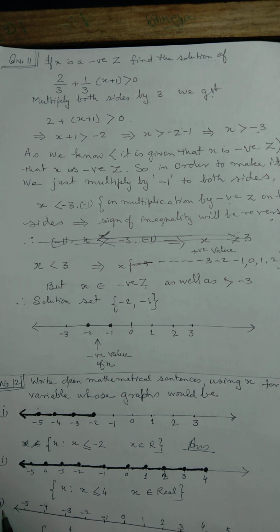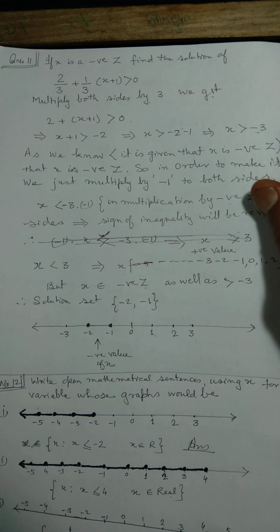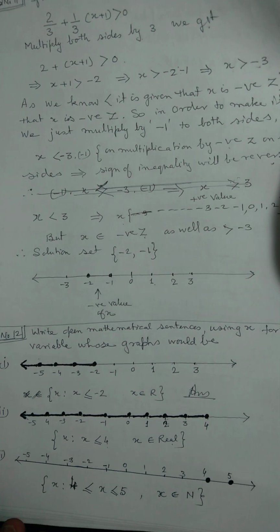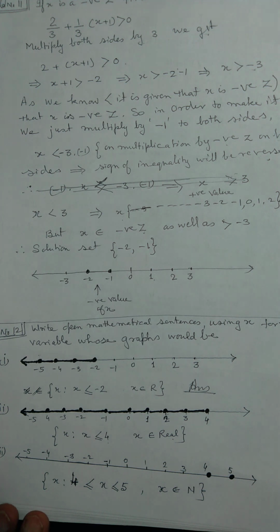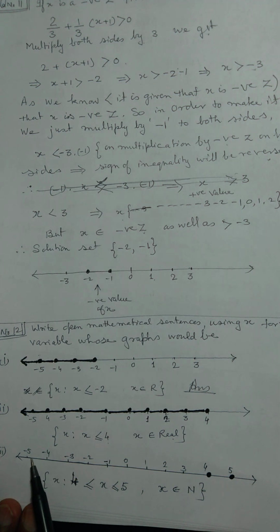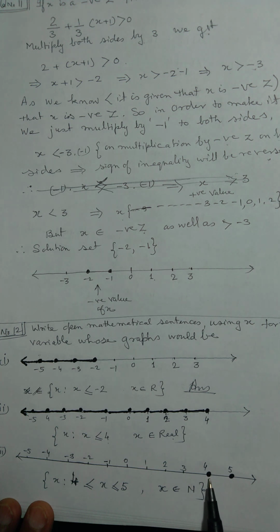Now come to the third part. You see the points mentioned are 4 and 5. So 4 is less than or equal to x, because it is darkened, means 4 is included, and 5 is also darkened, so 5 is also included.